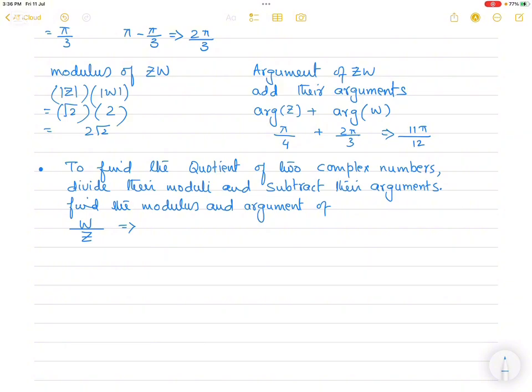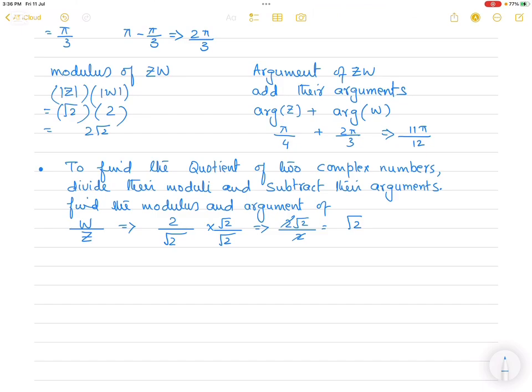For modulus, we will use 2 over root 2. Modulus of W was 2. I'm using the same previous example's results. And modulus of Z was root 2. Because we have a surd in the denominator, we have to rationalize it. So multiply by root 2 and divide by root 2. So we get 2 root 2 over 2. Finally, root 2 will be our answer.